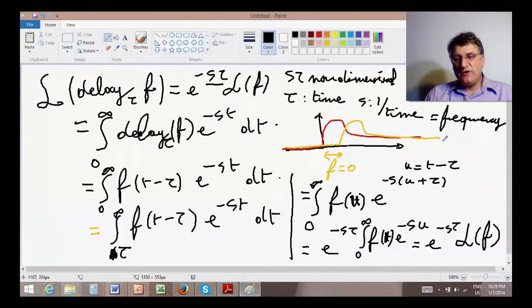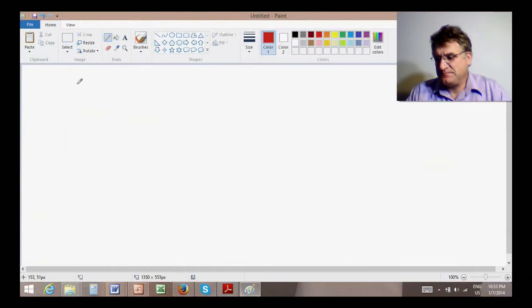Often we will see later that we will use radians per second as that unit of frequency. Radians don't have a unit, seconds have the unit of seconds, so this is a unit of frequency. Okay? All right.